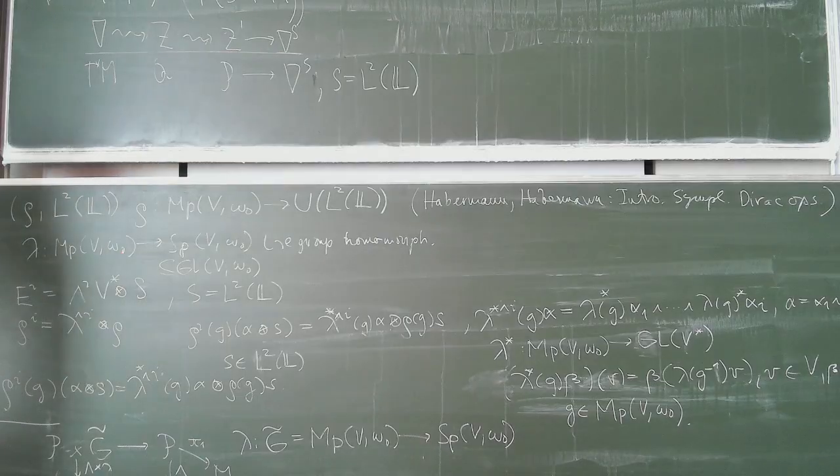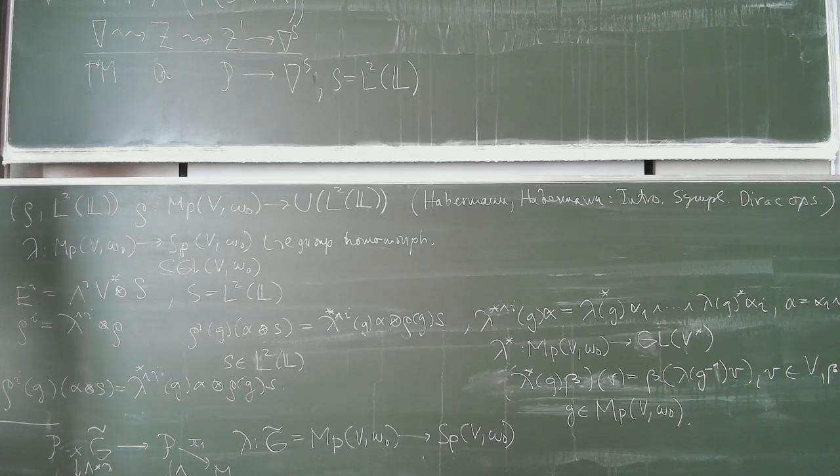Do you know some convenient book for these associated connections, Peter? How to form associated connections. Kolář, Michor, Slovák.